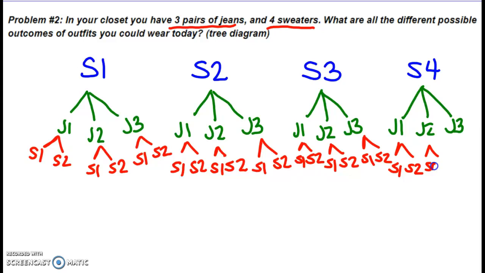So I'm just about done here. I've listed all of my scarves off of all of these different jean options, and notice that we just really increased the amount of outfit choices that we have. A simple problem like this really does have a lot of different outcomes.